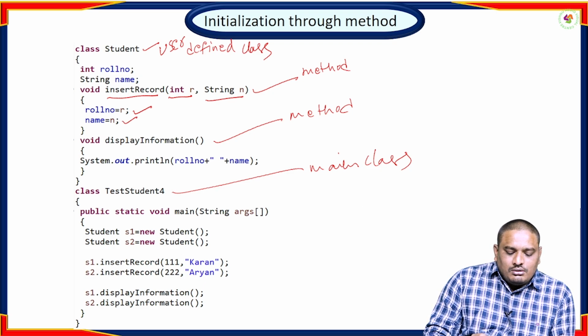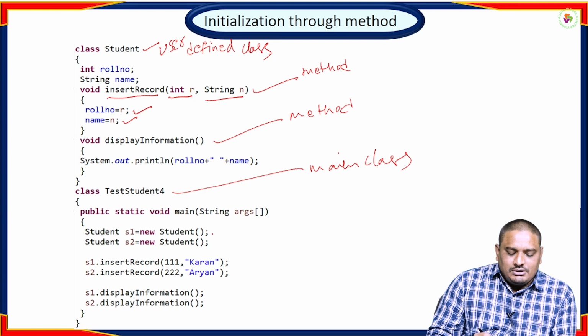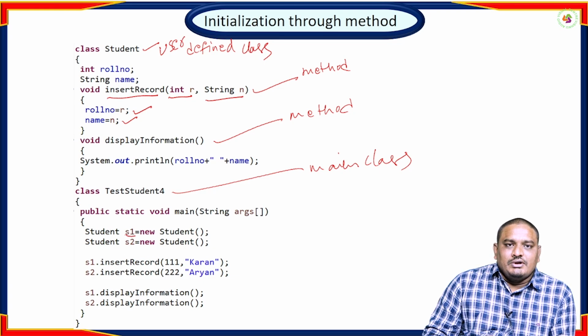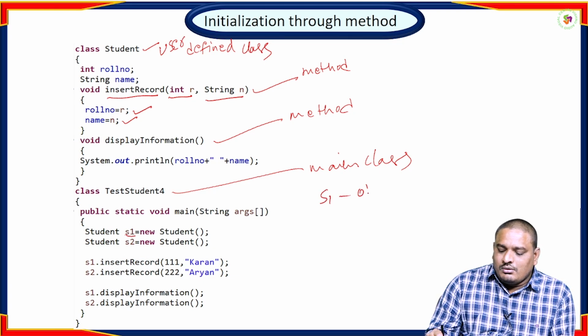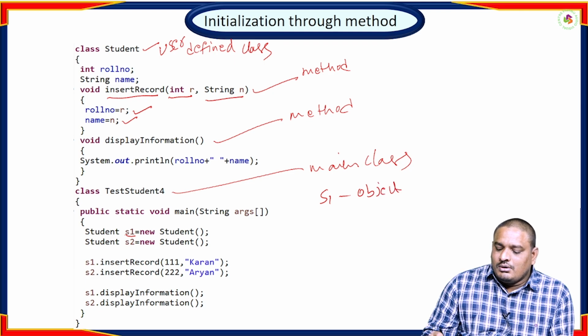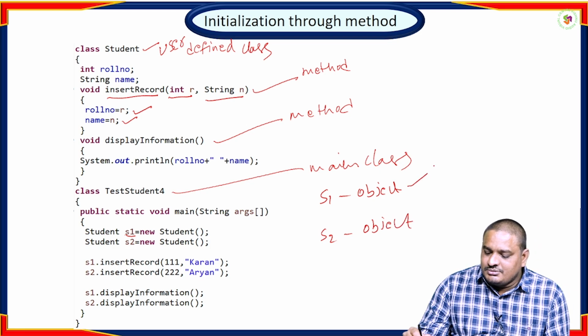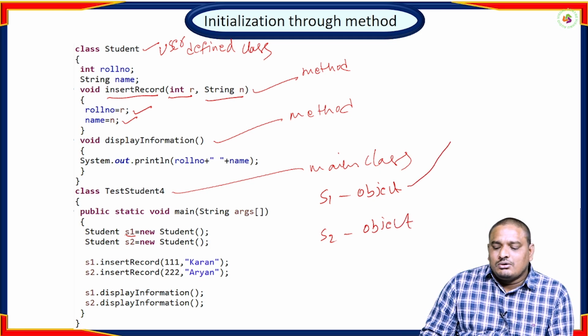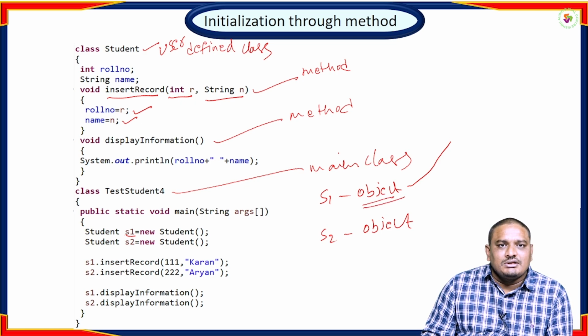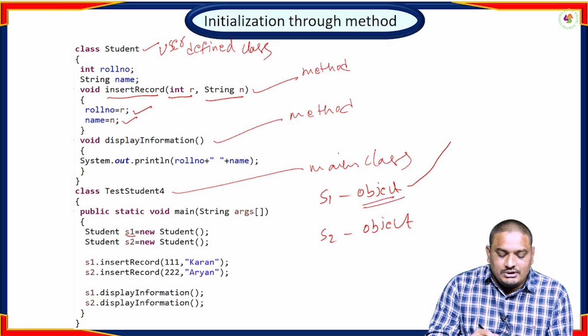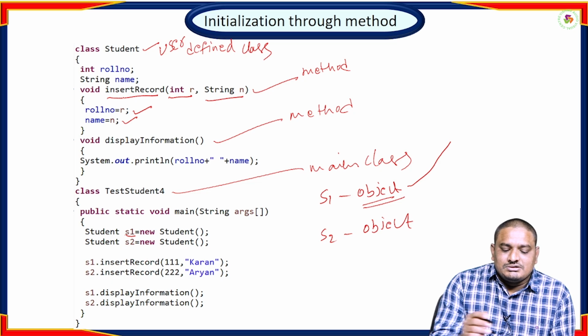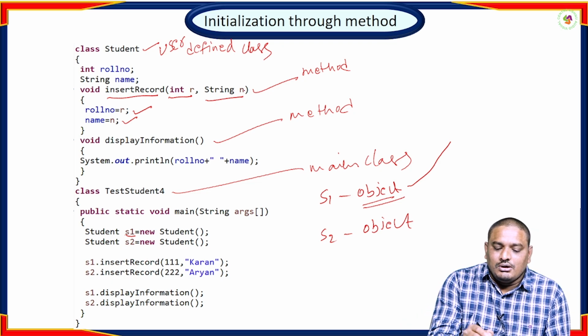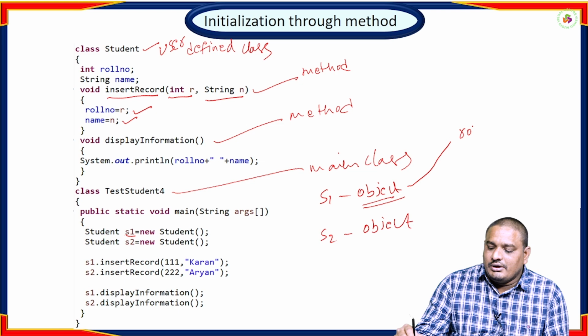First we create objects: s1 is the first object, s2 is the second object. Now to insert the records to these objects, how do we insert the values into the particular method? To go to the insert record method, we pass two values. What are they? Roll number and string.